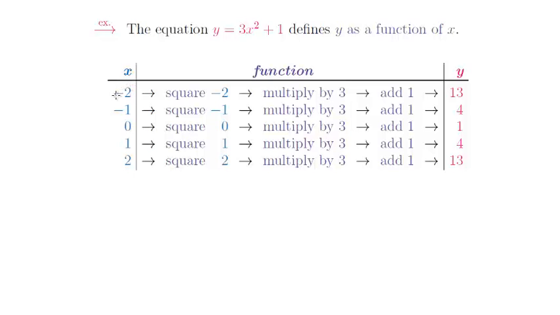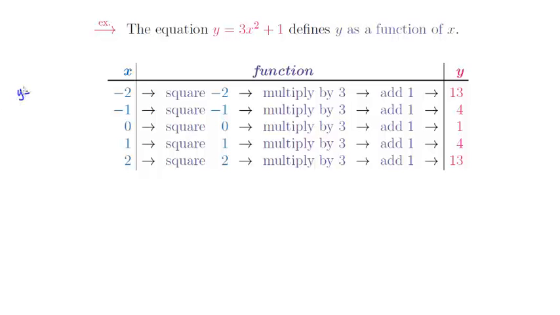For instance, if I was to take -2, an element in our domain, and then apply the function to it, that is square -2, multiply by 3 and add 1, I'd get the corresponding output value of 13.